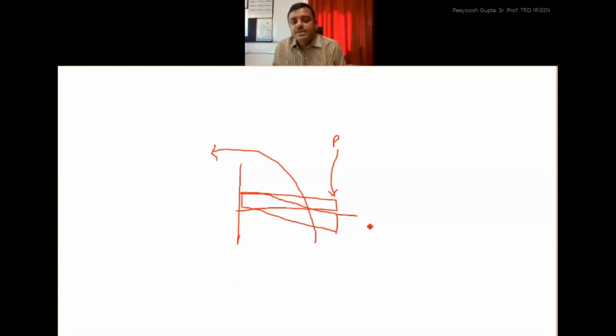Fundamentally, what we need to check is that the deflection at the top of the mast should not be more than 8 centimeter.